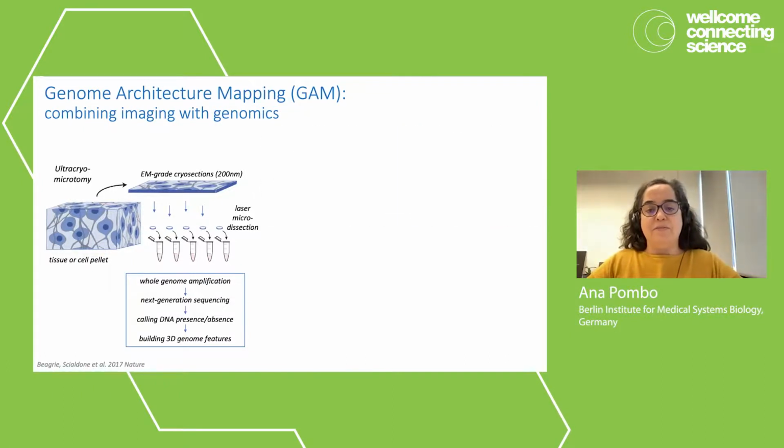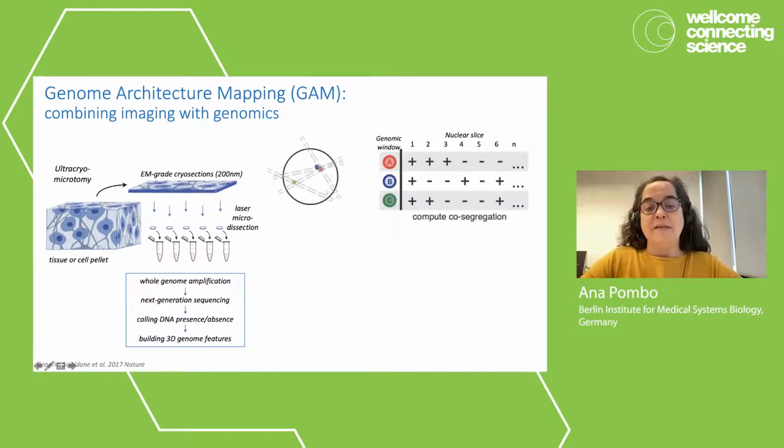So how does this work in a schematic way? Here we have a very schematic picture of the nucleus and 3 different parts of the genome, let's say. It's relatively easy to appreciate that if the blue and the pink loci are very close in physical space in the nucleus, and we challenge this object with thin slices, very often the more physically proximate loci are going to be found in the same slices.